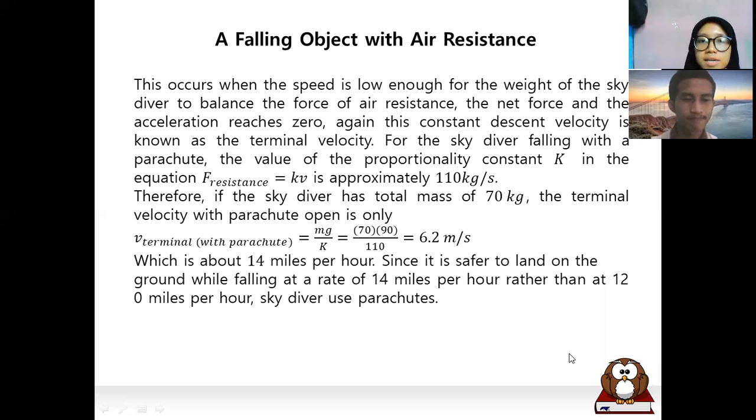Therefore, if the skydiver has a total mass of 70 kilograms, the terminal velocity with the parachute open is only v terminal with parachute equals m times g over big K equals 70 times 9.8 over 110 equals 6.2 meters per second, which is about 14 miles per hour, since it is safer to land on the ground while falling at a rate of 14 miles per hour rather than at 120 miles per hour.